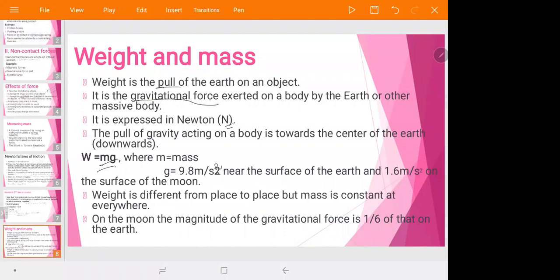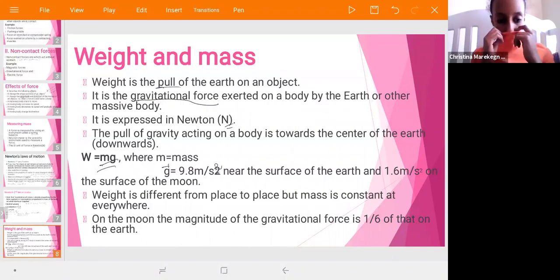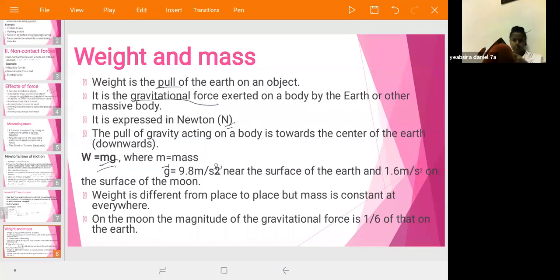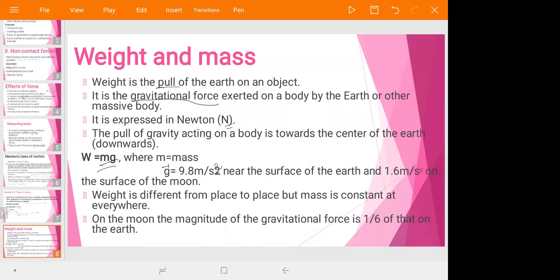Gravitational acceleration g is 9.8 meter per second square at the surface of the earth. But on the surface of the moon it is 1.6.